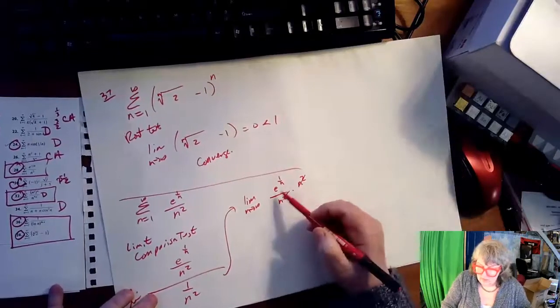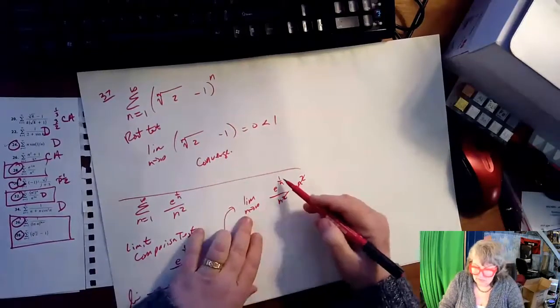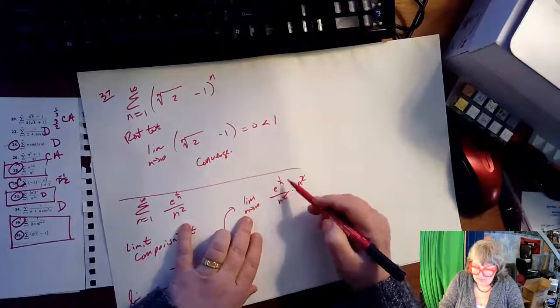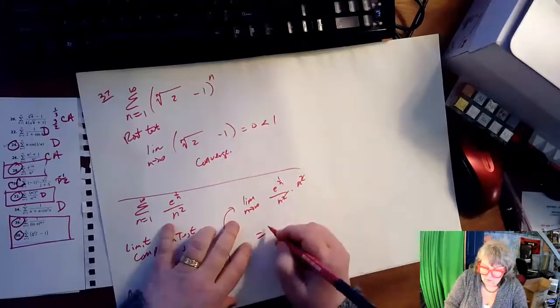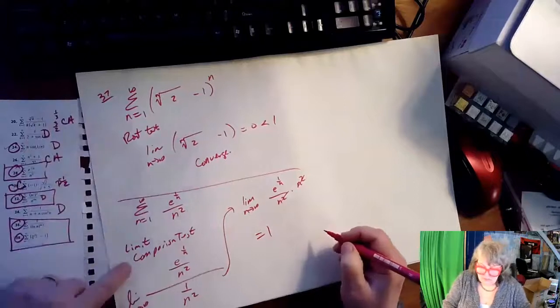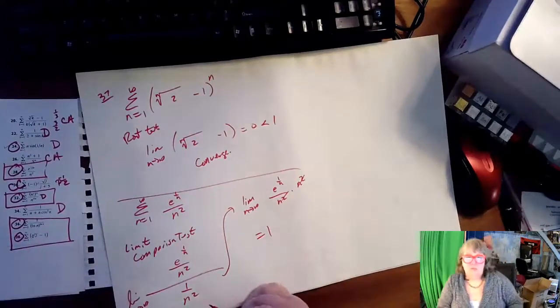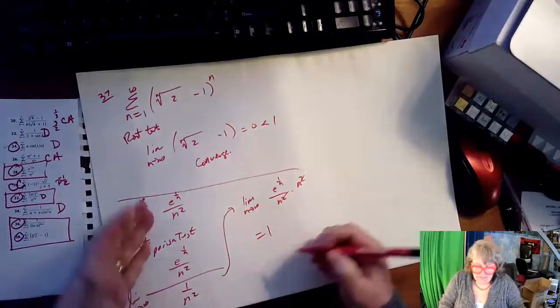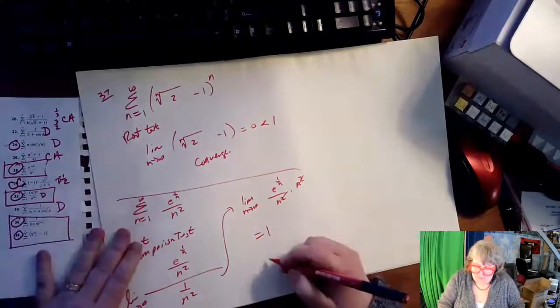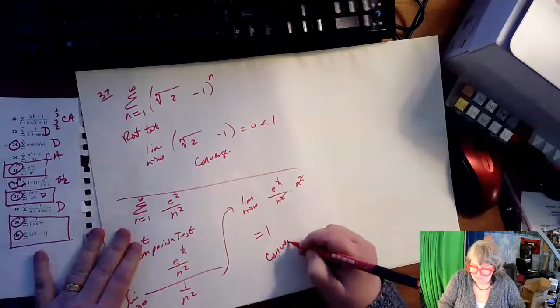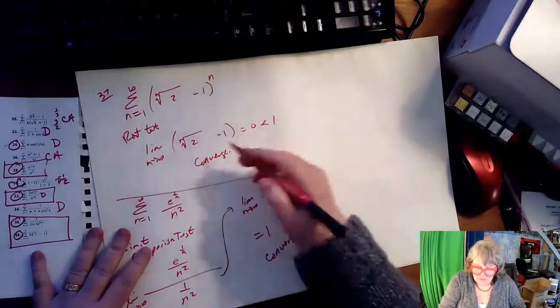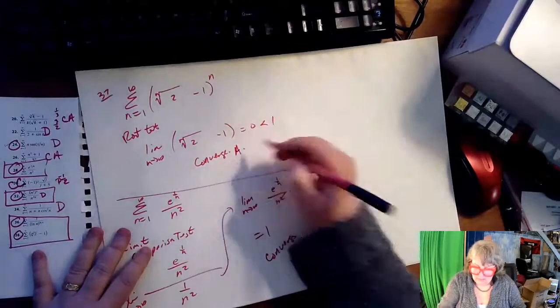They cancel. As n goes to infinity, 1 over n goes to 0. E to the 0 is 1. Since we're doing the limit comparison test, that's cool. I divided by something that was converging, so this one converges. And since it's positive all the time, this converges absolutely if we want to make that distinction. Same thing here, converges absolutely.